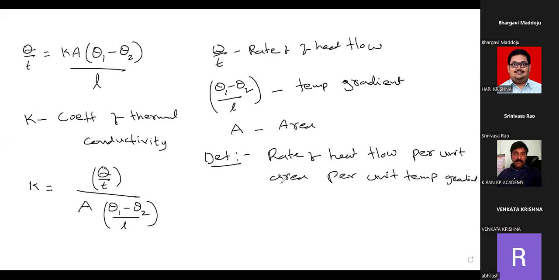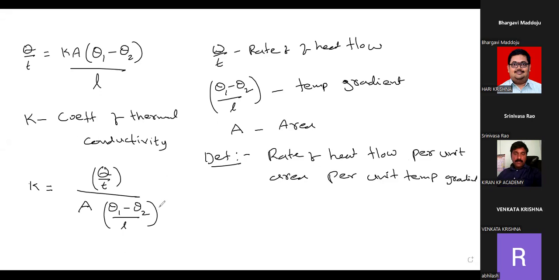Rate of heat flow per unit area per unit temperature gradient is the coefficient of thermal conductivity. Now, if the K value is more, the conductivity of the material is more. If the K value is less, the conductivity of the material is less.